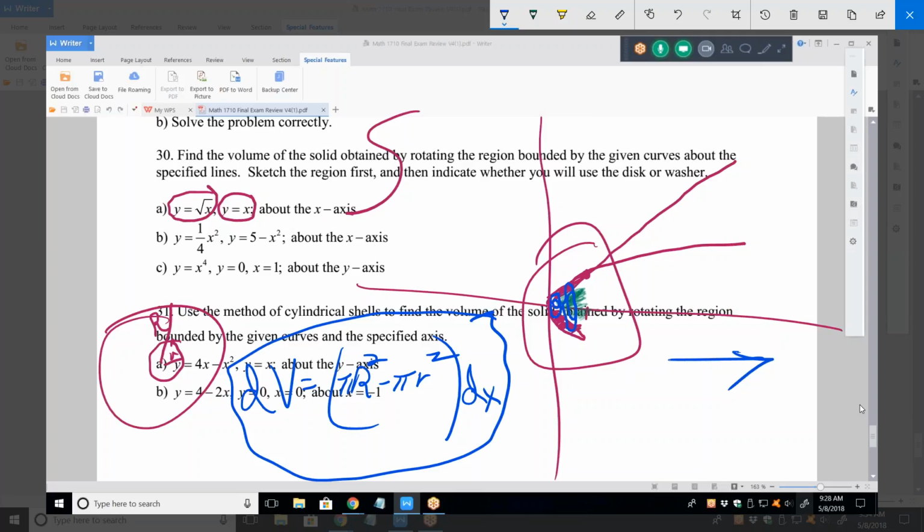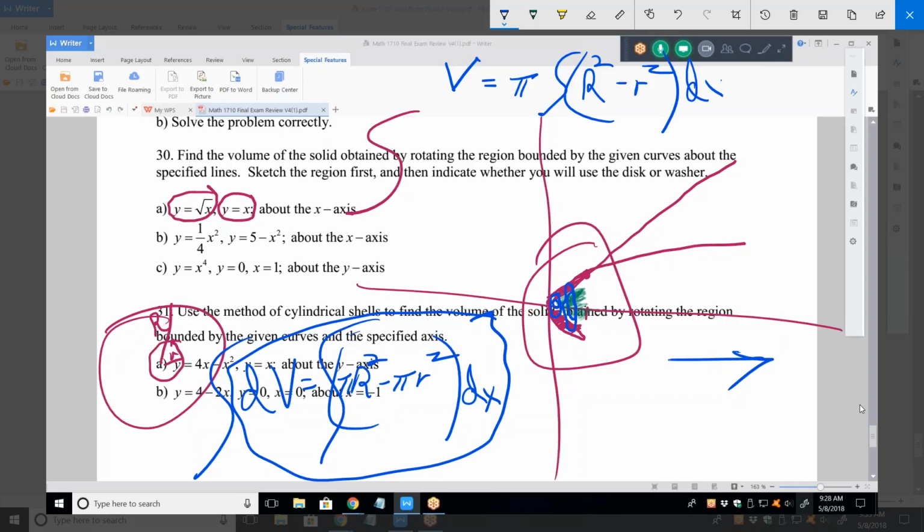Okay? So if I want to solve this problem, I integrate both sides. And now when I integrate dV, I get V. When I integrate the right side, I can pull out the pi. It's a constant. And I'm left with capital R squared minus little r squared dx.